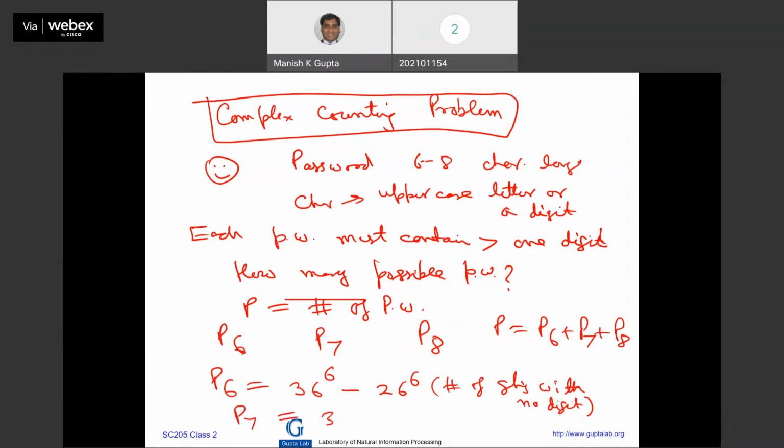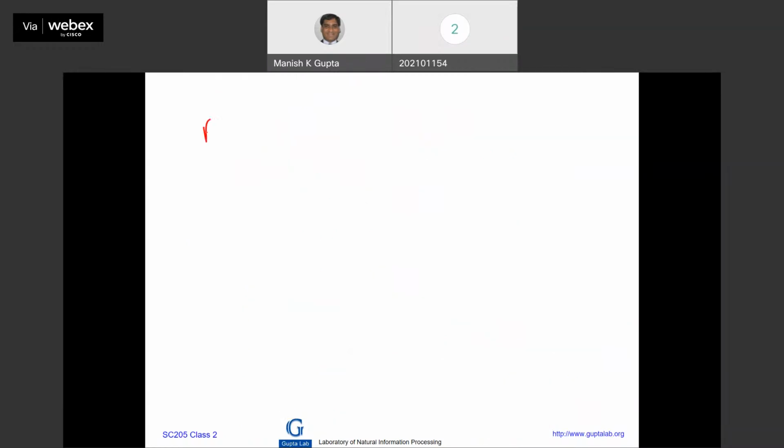P7 is 36 raised to power 7 minus 26 raised to power 7, and P8 is 36 raised to power 8 minus 26 raised to power 8. This number turns out to be 268,448,306,3360. It's quite a big number.